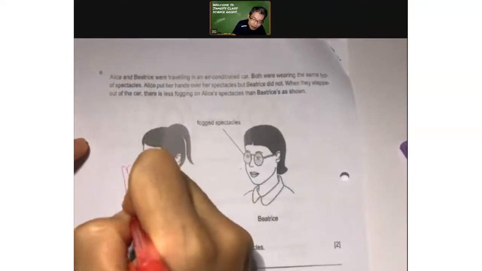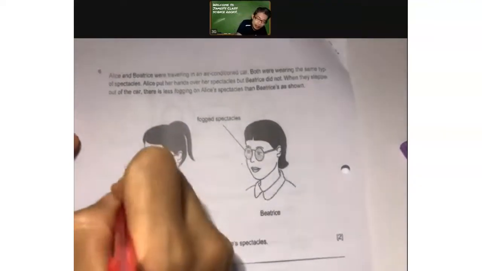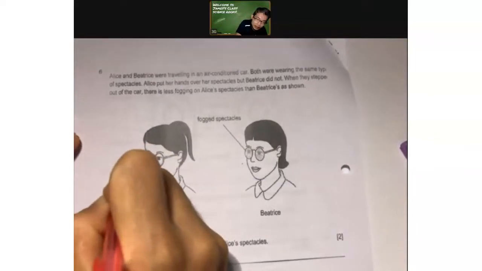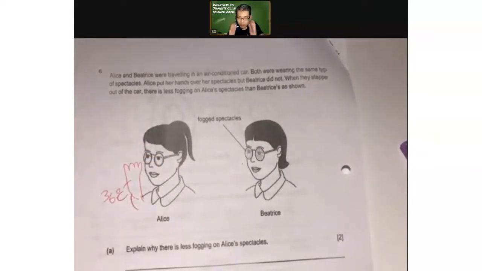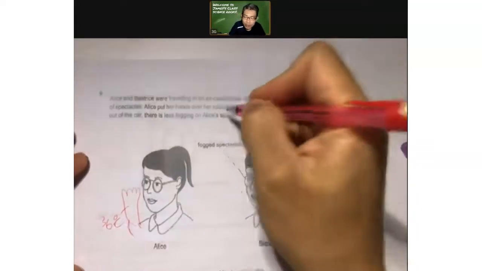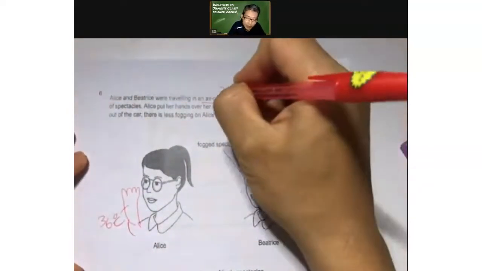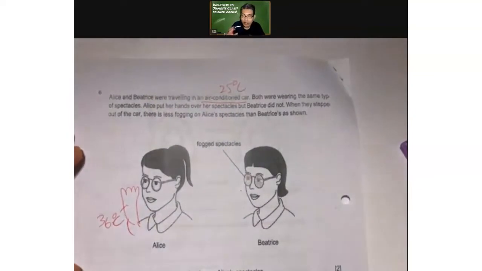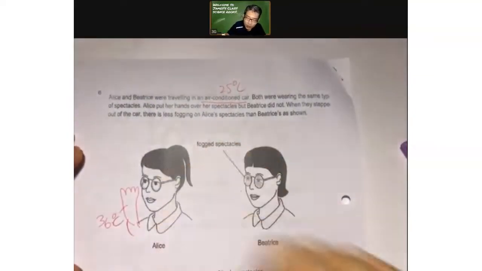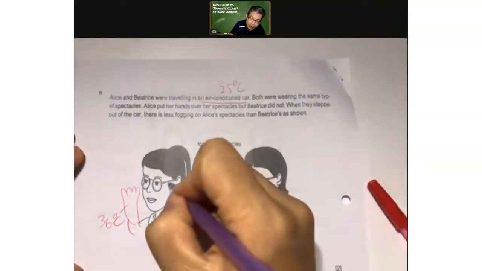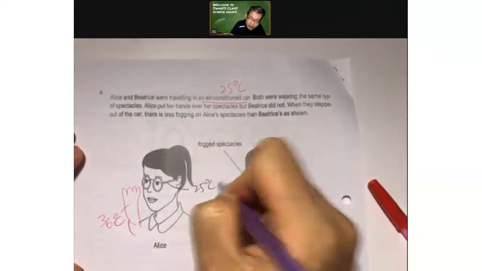Okay, sorry, my drawing is not very good. And that is at 36, let's say, degrees Celsius, her body temperature. And the air conditioned bus, how cold, I'm not sure, maybe it was at maybe 25 degrees Celsius. Definitely cooler. So spectacles were cooler at this temperature.